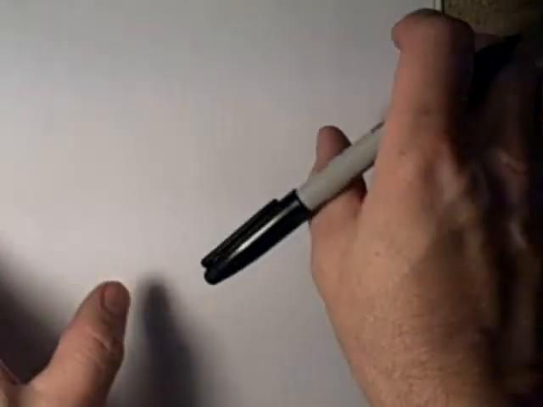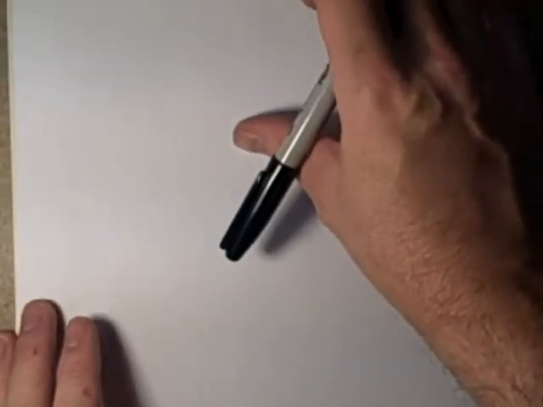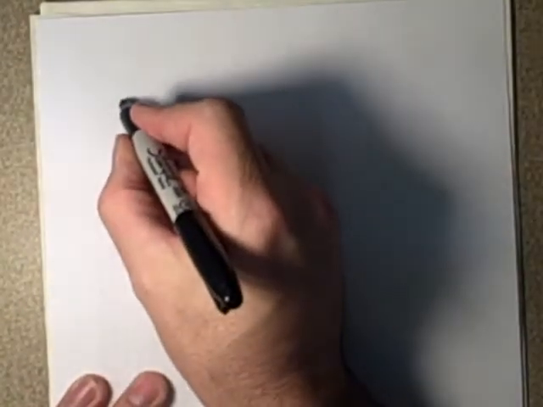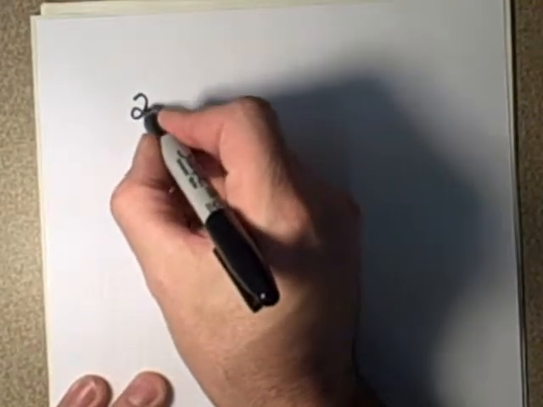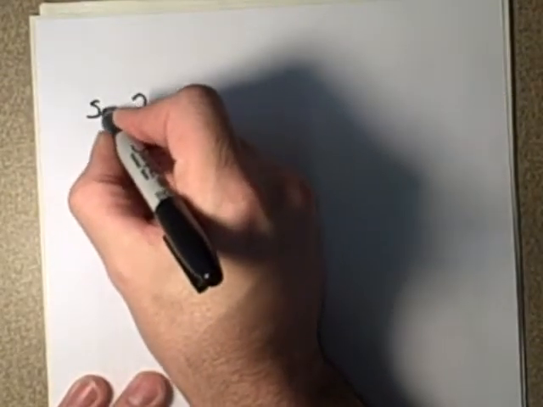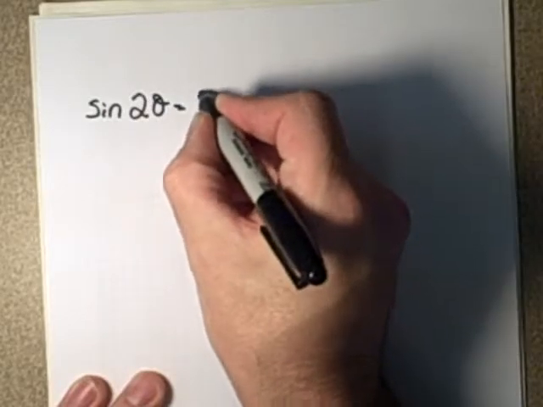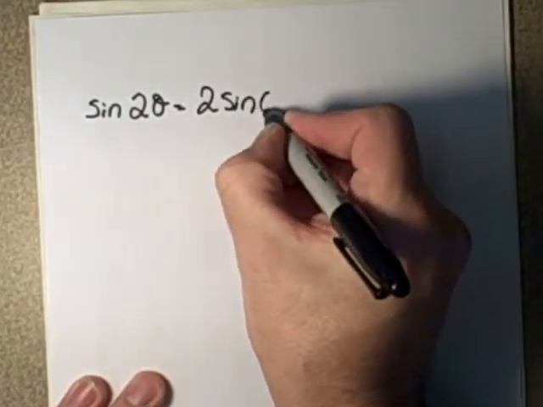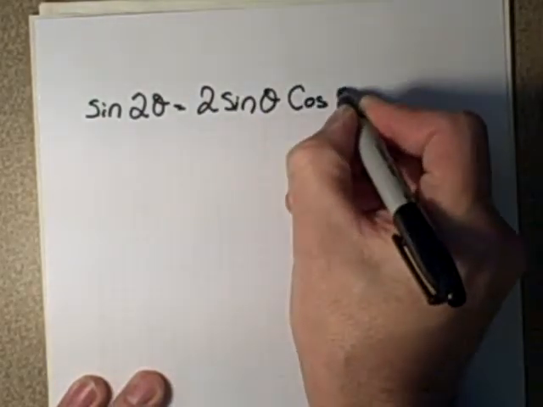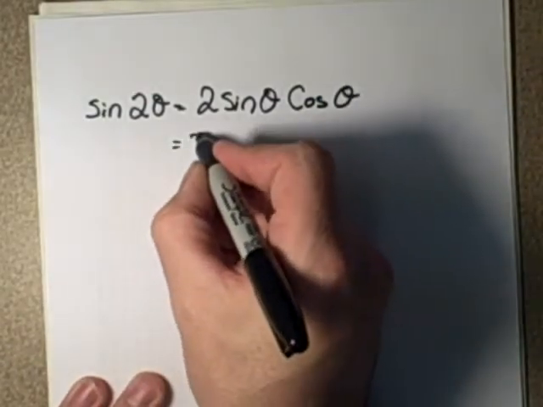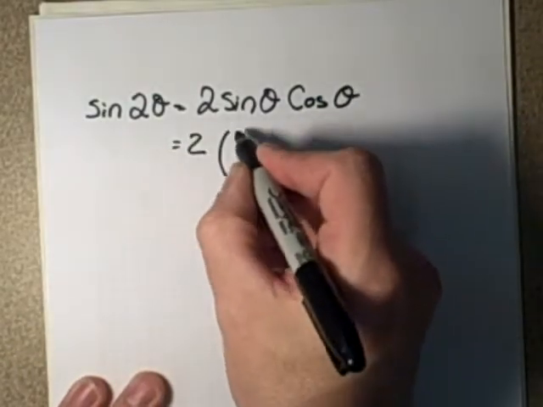Okay, there we are. So I'll plug in these numbers now. Our formula is that sine 2 theta is equal to twice sine theta times cos theta. Twice sine theta was 1/5, positive.